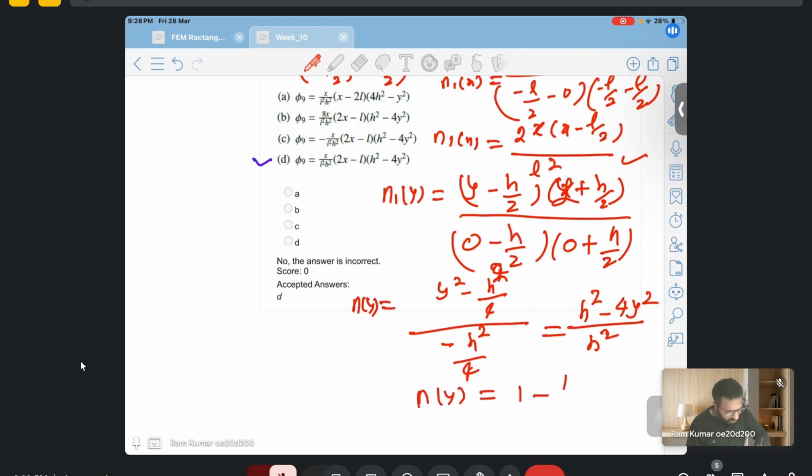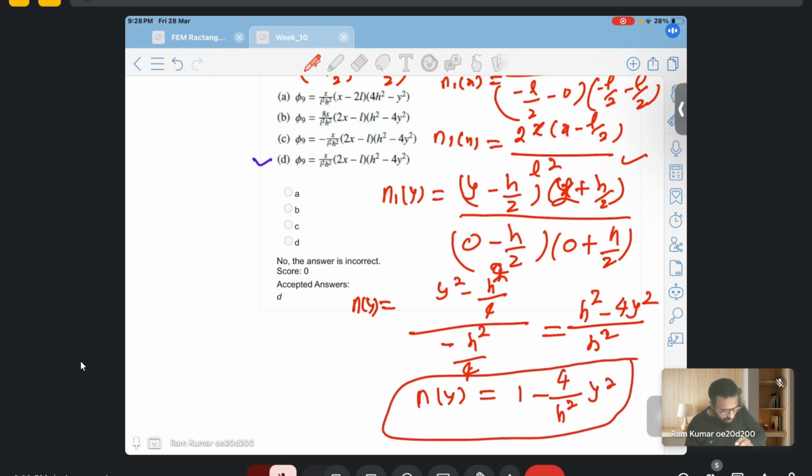If we multiply these two, we will get the same. So just multiplying n1x and n1y, we got the answer.